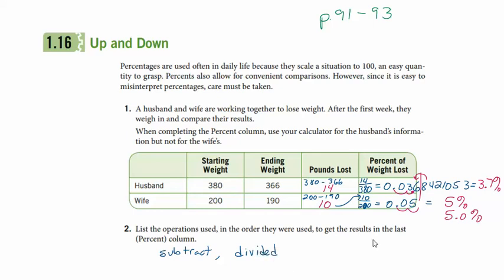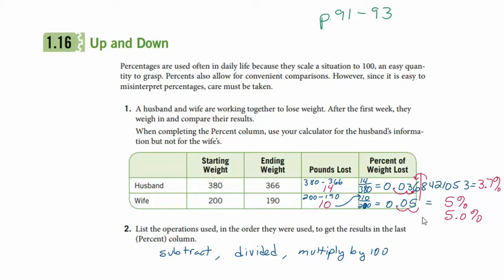Now, technically, to change to a percent, we move the decimal 2 places. Another way to think about that is multiplying by 100. So technically, when we moved the decimal 2 places, we multiplied by 100 as well. And those are all the operations in the order that we did to get the result.